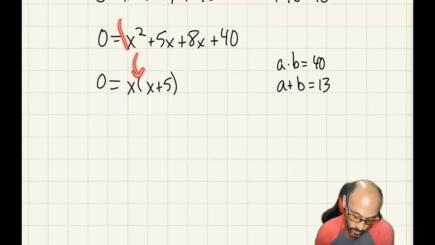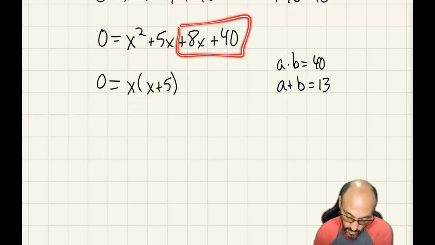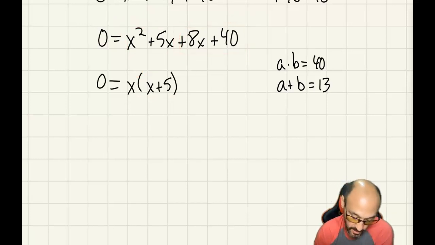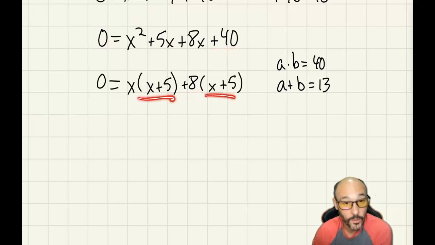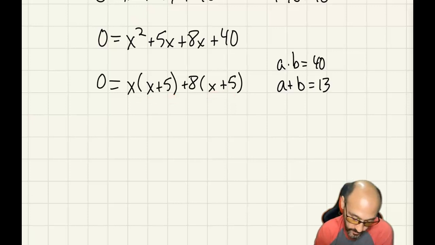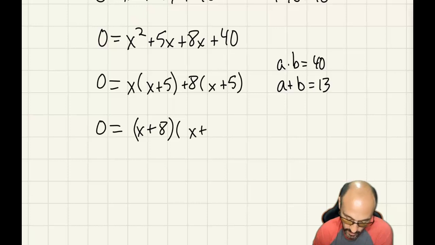Similarly, here we can factor out an 8. So plus 8 times the quantity: 8x divided by 8 is x, 40 divided by 8 is 5. Notice they're the same. That's important. x plus 8 is one of our factors here, times the quantity x plus 5.